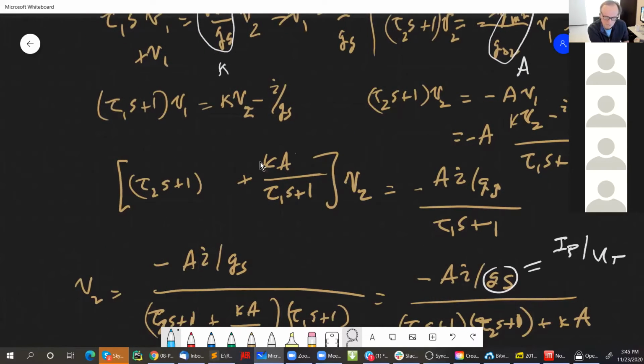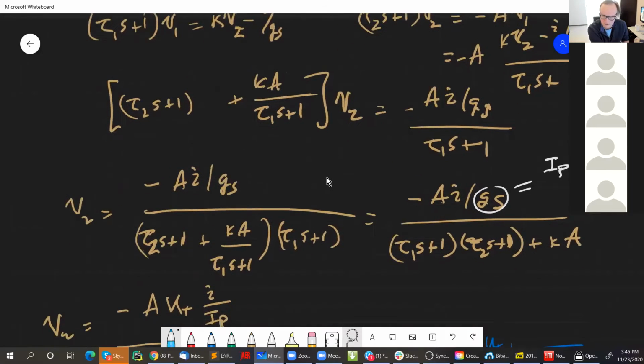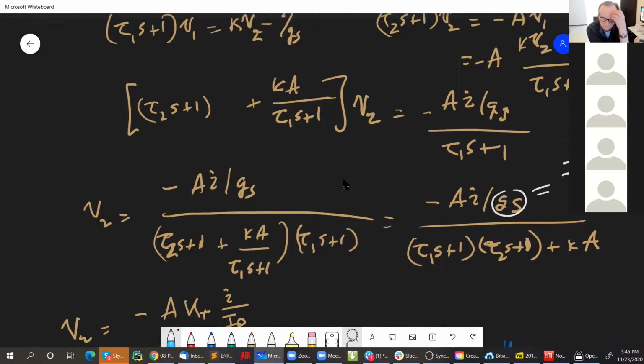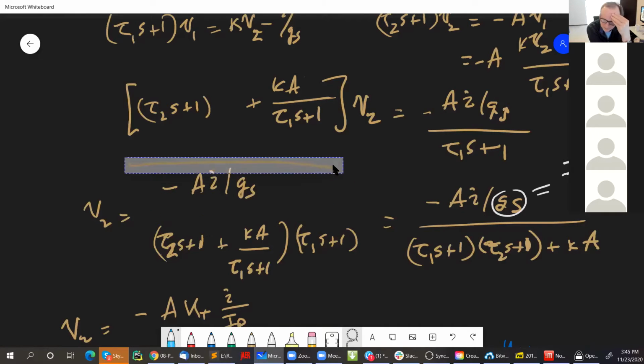So here's where I moved the stuff on the right over to the left. Then next thing I did was I solved for V2 explicitly by putting all this stuff back on the right, V2 as a function of I.